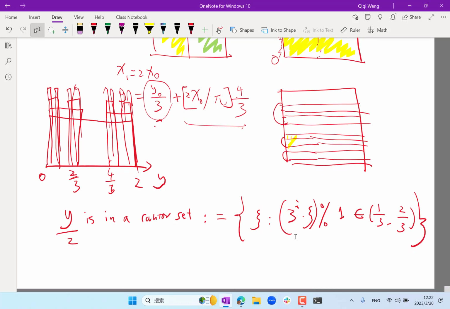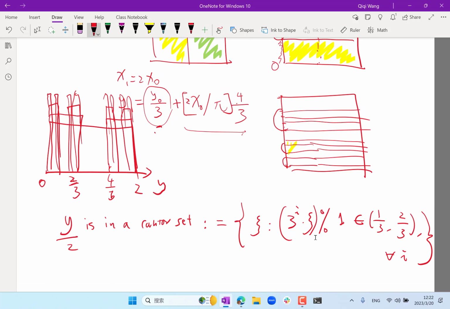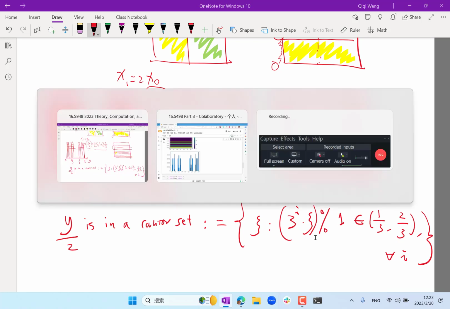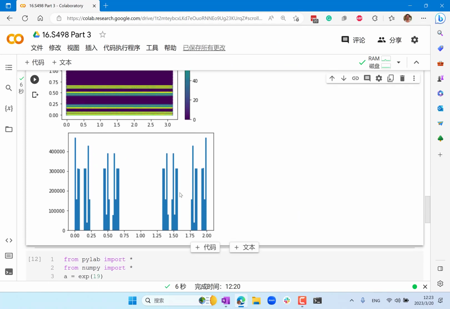So what does that mean? That's for any i. Of course, when i is equal to 0, I'm just saying C modulus 1 cannot be within 1/3 and 2/3. That means the middle third is not allowed. And when i is equal to 1, that means 3 times C mod 1 cannot be between 1/3 and 2/3. That means the gap over here, the gap over here, and the gap over here are not allowed.